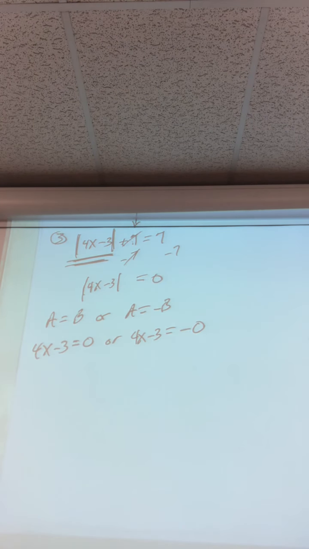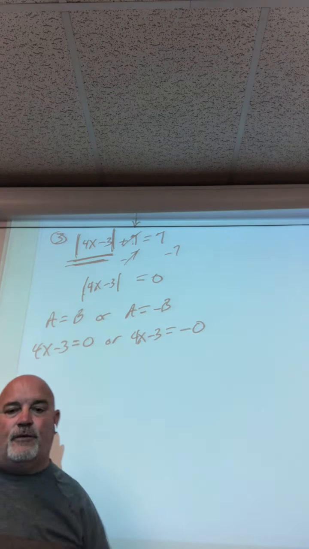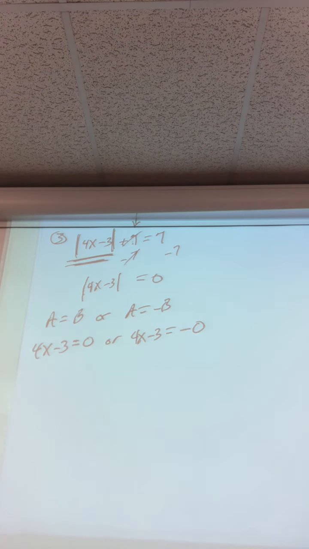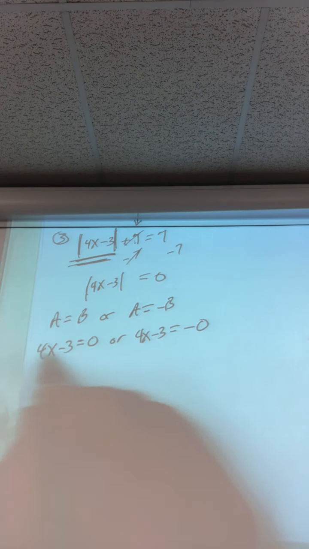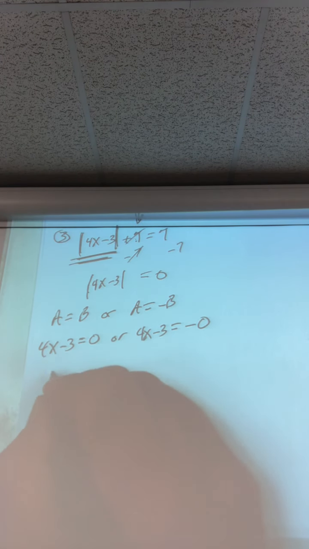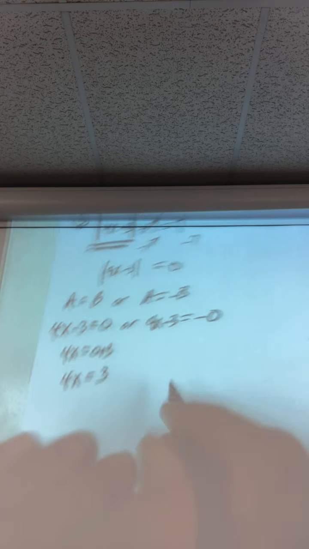Now, if you stop and think about it, you know that 0 and negative 0, are there any differences? No. 0 and negative 0 is the same thing. Now, 5 and negative 5 are not the same. So when I solve this equation, add 3 to both sides. So I get 0 plus 3, you get 3.